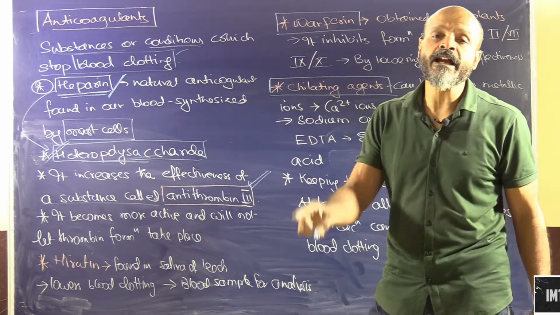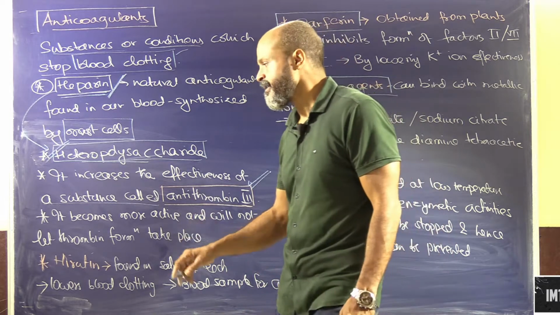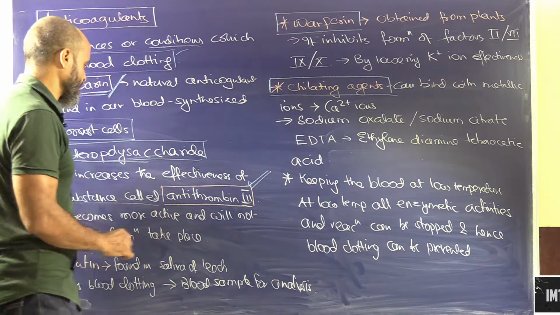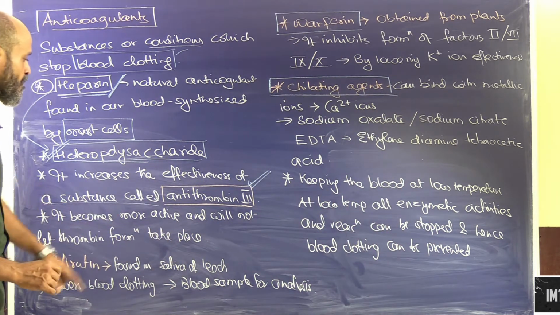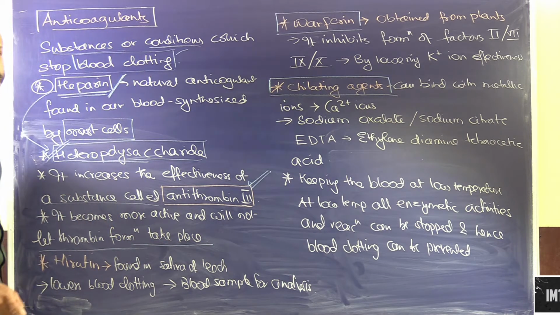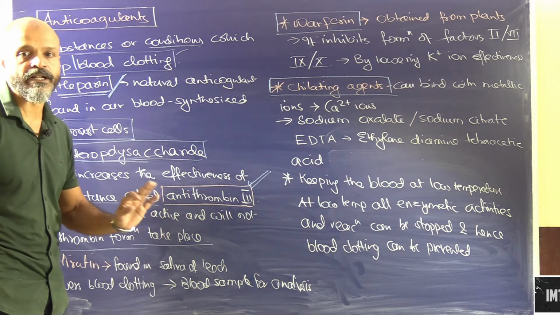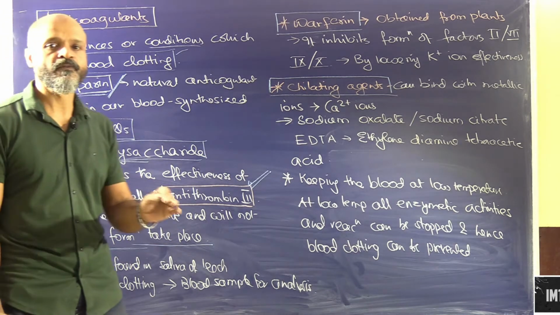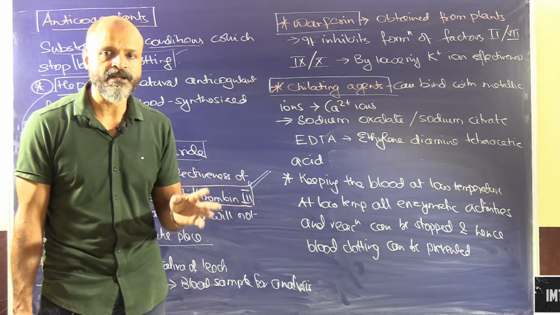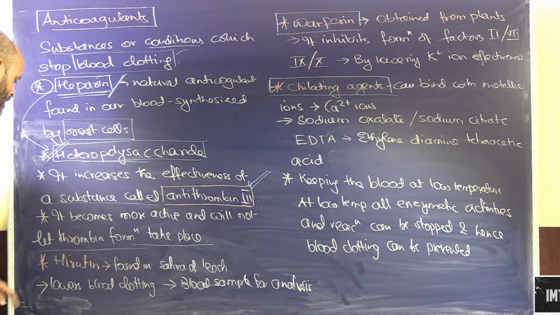So antithrombin 3 goes against the production of thrombin, and hence it is called antithrombin 3. It becomes more active and will not let thrombin formation take place. Thrombin formation is one of the initial steps for the coagulation of blood.